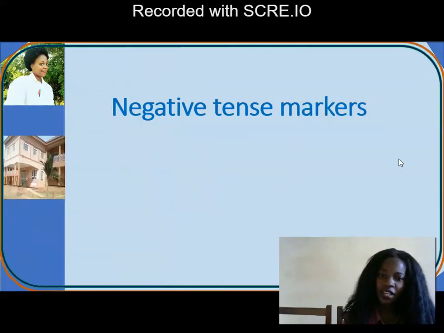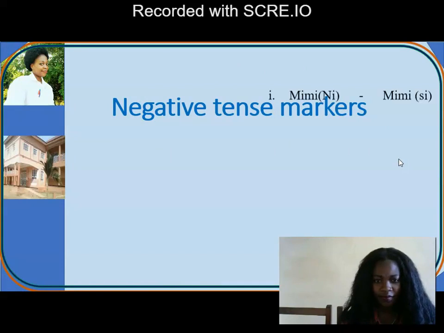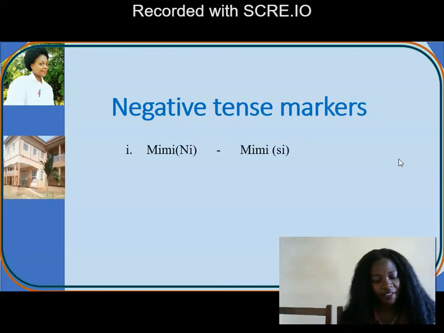So let us see, hebu tuone baadhi ya maneno ambayo tunaenda kubadilisha sasa. These are the negative tense markers. Before we see how we can negate, we can first see what the negative tense markers are. You have to know we have positive tense markers.